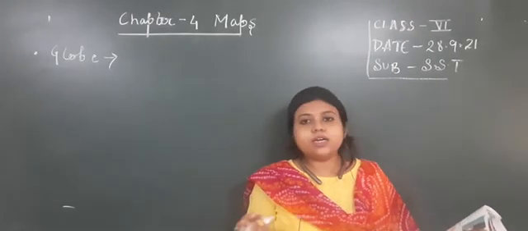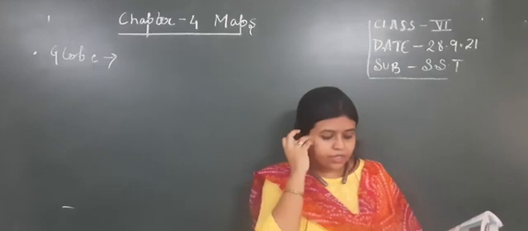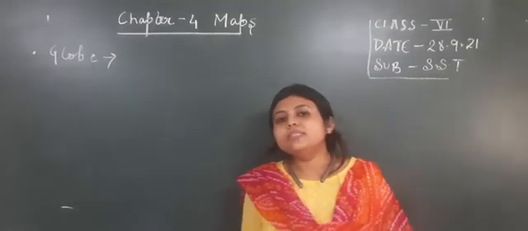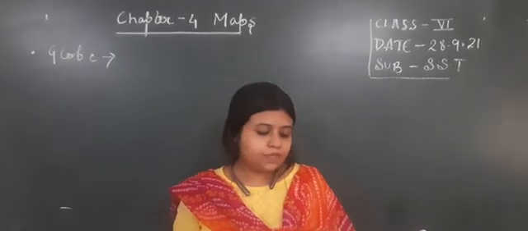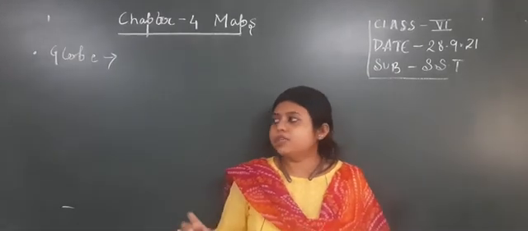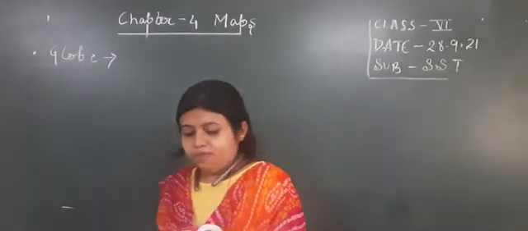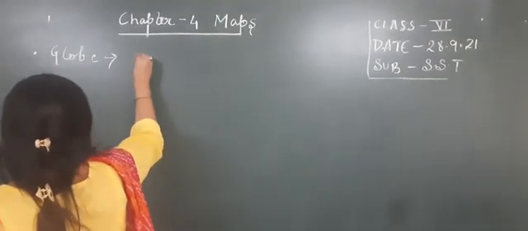Now the shape of the earth is geoid. You just underline it in your book. Geoid means slightly flattened at the poles and bulging at the equator. So this is the definition of the globe: a 3D model of the earth.